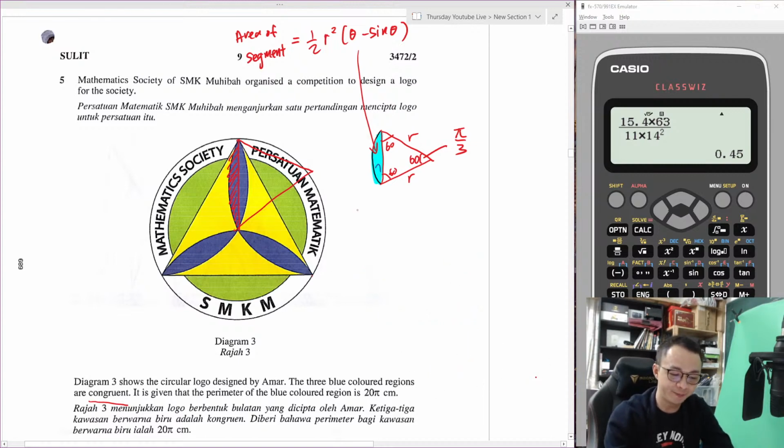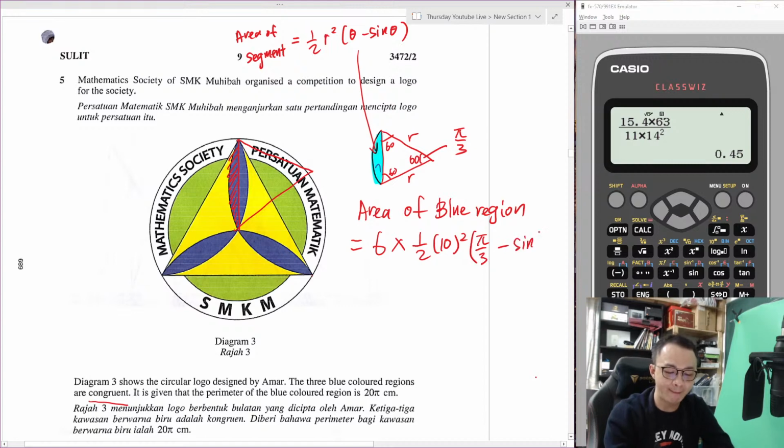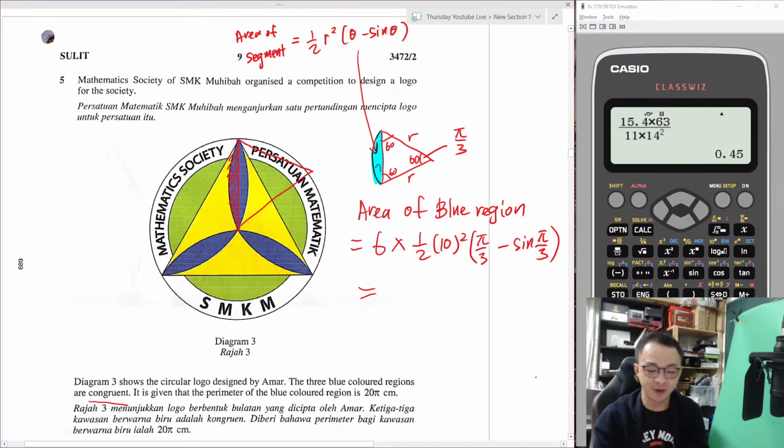So let's do it. Area of blue region is equal to 6 multiplied by half r squared, theta is pi over 3, minus sine pi over 3. Then I can get my whole blue color region here. I simplify and get a 3 here. 3 times 100 is 300 straight away.